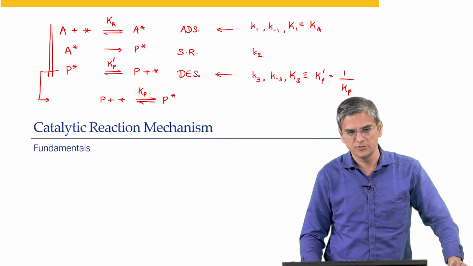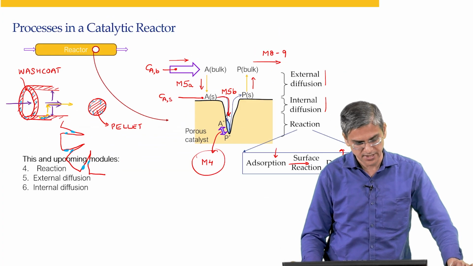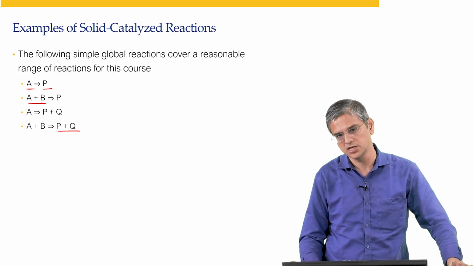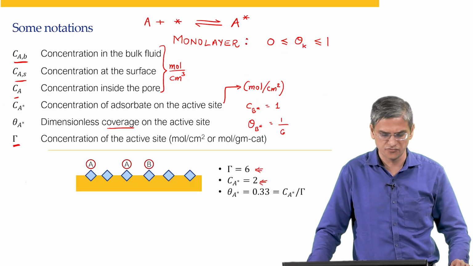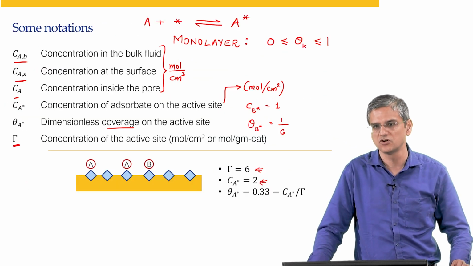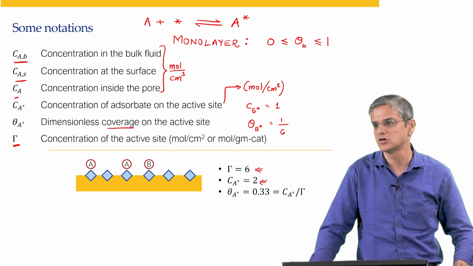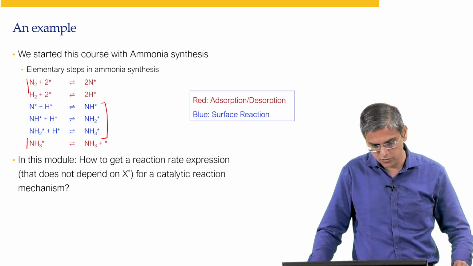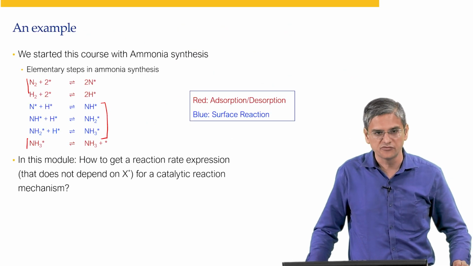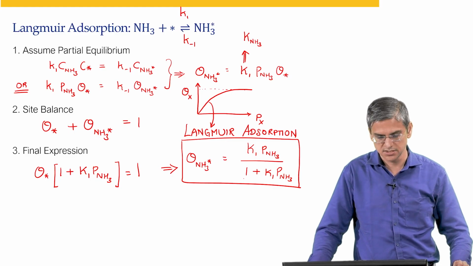We talked about a very generic mechanism, A going to P, other generic mechanisms are A plus B going to P, A going to P plus Q or A plus B going to P plus Q, which covers about 2/3 or maybe 3/4 of the most common reactions that you will encounter as chemical engineers or as catalysis technology practitioners. Okay. And then we took the example of ammonia and we looked at one particular adsorption, the molecular adsorption of ammonia.